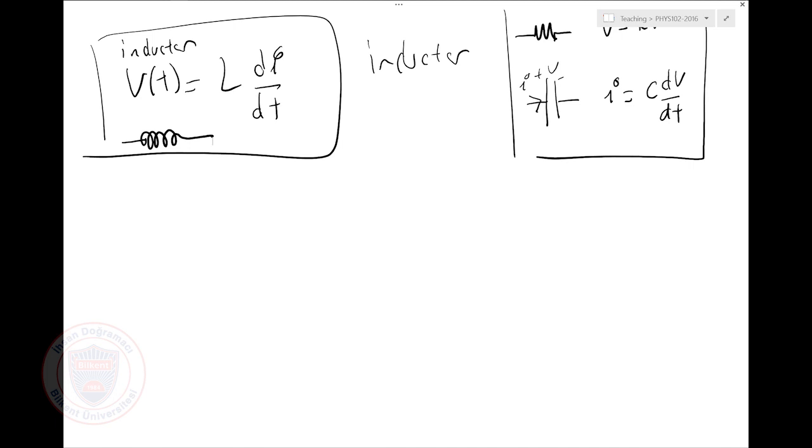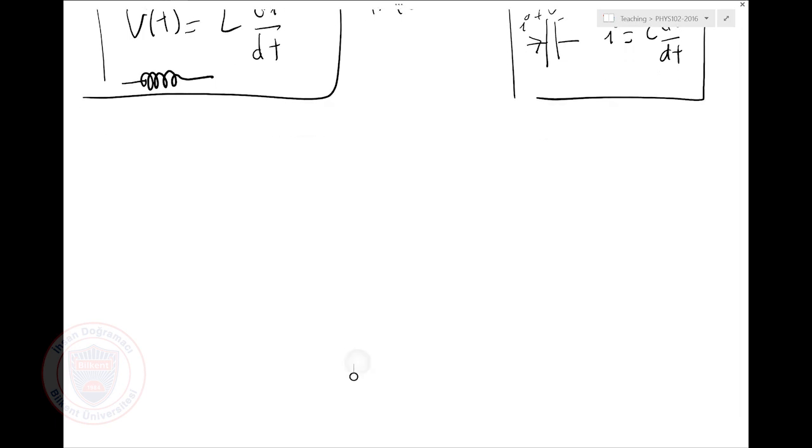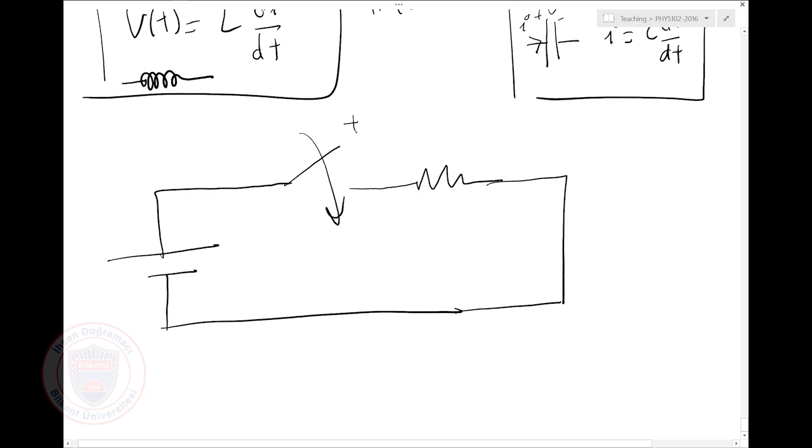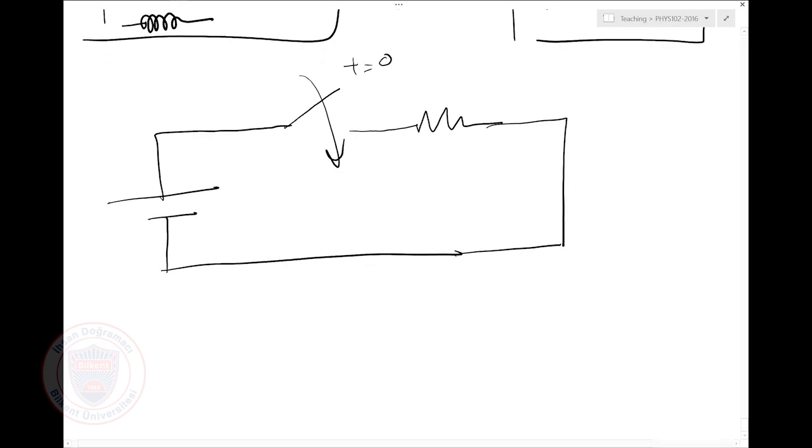It basically creates a lot of voltage if you're trying to change the current very fast. So let's do the following. Let's say I take a battery and tie it to a resistor. And there is a switch here, which I close at t equals 0.